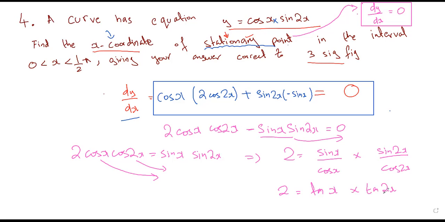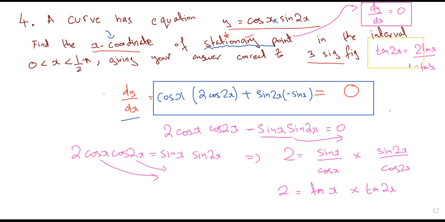We need to use the value of tan 2x. It is again an identity. Tan 2x equals 2 tan x divided by 1 minus tan square x. So this is also important. We are using this.